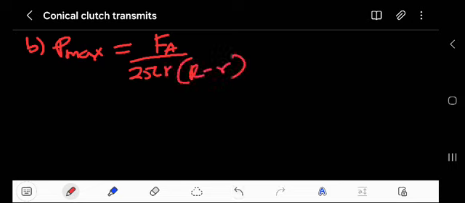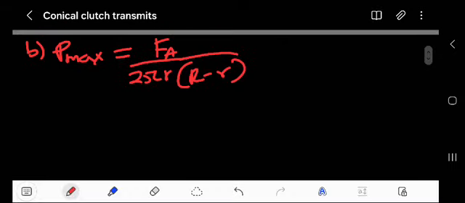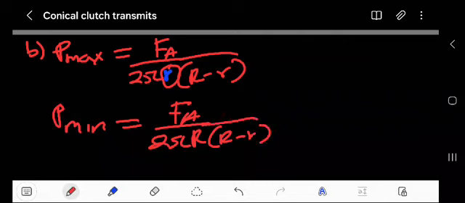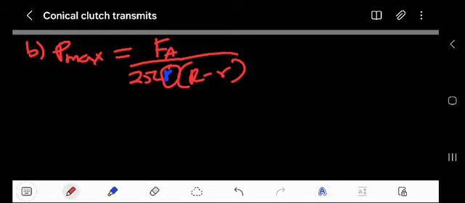You understand? If it's a maximum, you have little r outside. But if we are talking about minimum pressure, P min, you'll have F axial over 2 pi, but your r there will be big R. That is the difference between these r's.